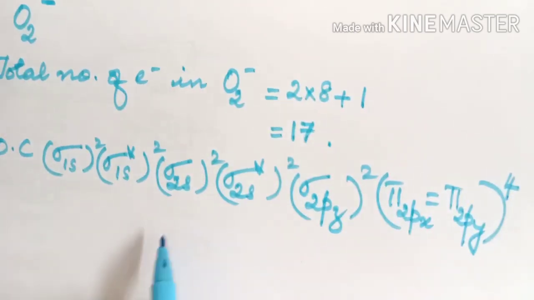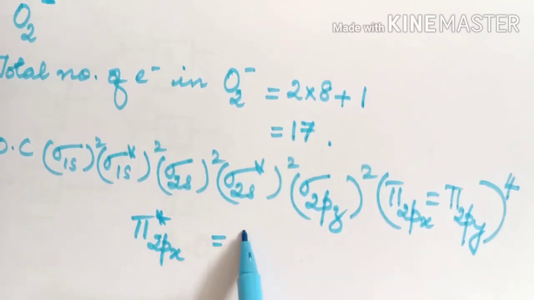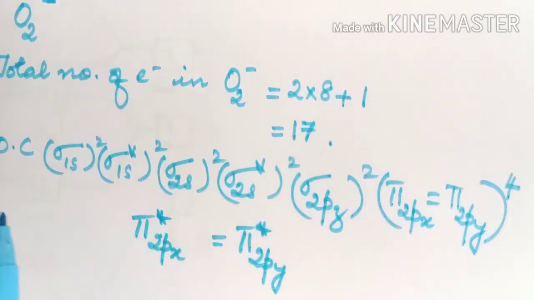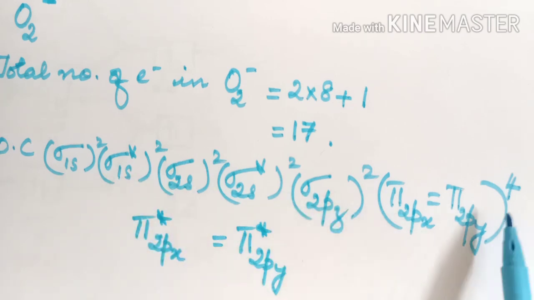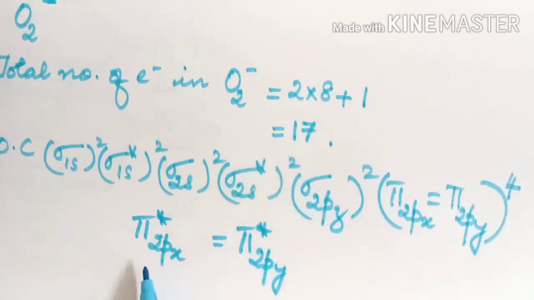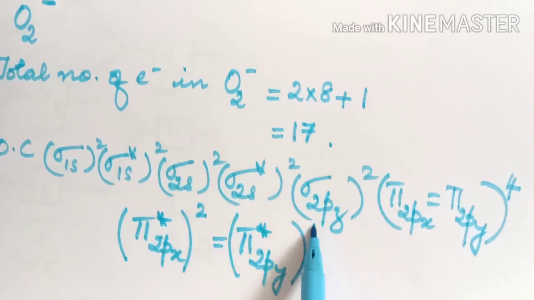Then comes pi star 2px equal to pi star 2py. So we have arranged a total of 10 plus 4, 14 electrons. So the remaining are 3 electrons, which are to be arranged in these degenerate orbitals. Remember, we have to follow Hund's rule. So we have to fill up half filled, and then it will be in the paired condition. So with the result, this will have 2 electrons in the first case and 1 electron in the second case.